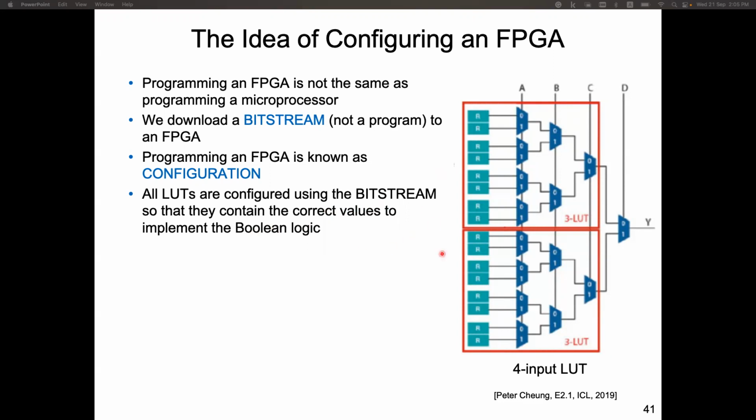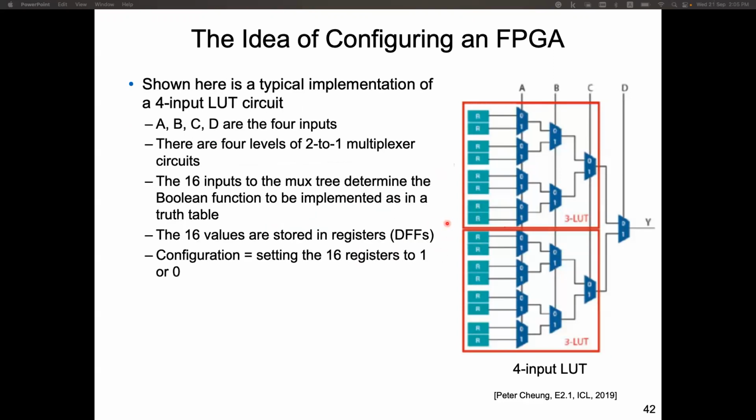Now for this chart, let me explain. This is a 4-input lookup table circuit. We can treat it as a collection of 2 3-input lookup tables.